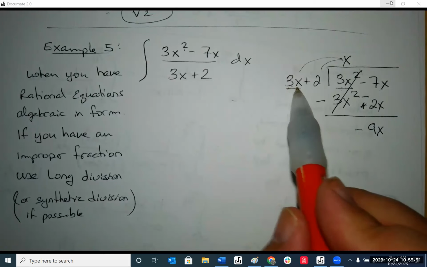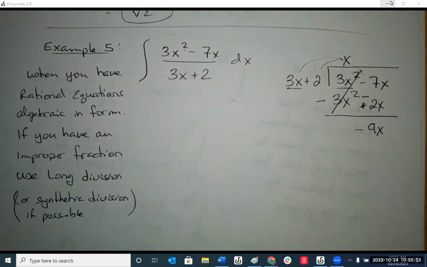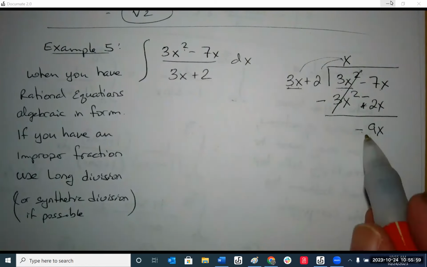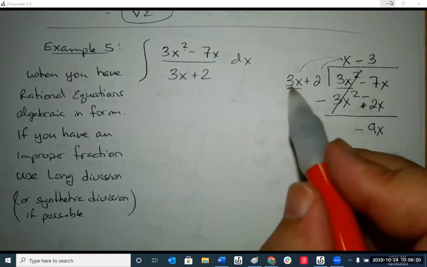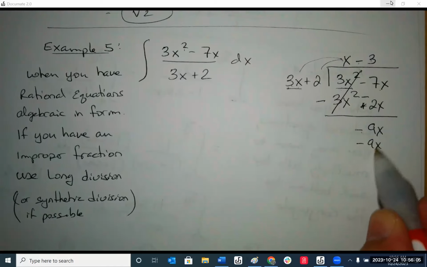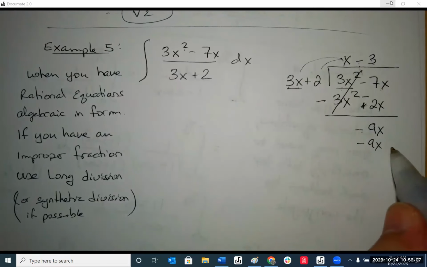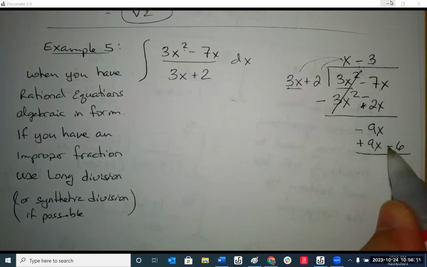What times 3x gives you negative 9x? Minus 3. So negative 3 times 3 is negative 9x. Negative 3 times 2 is negative 6. Change the signs and add.